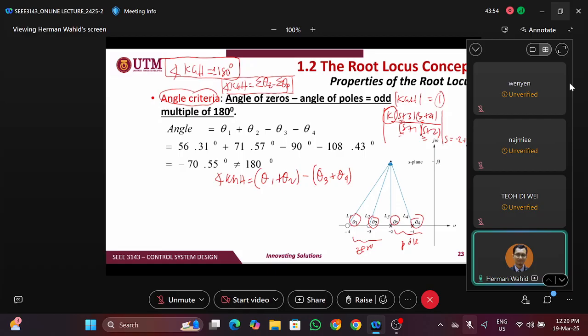So we have to calculate the thetas. For example, for theta 1 here, we just need to use trigonometry.